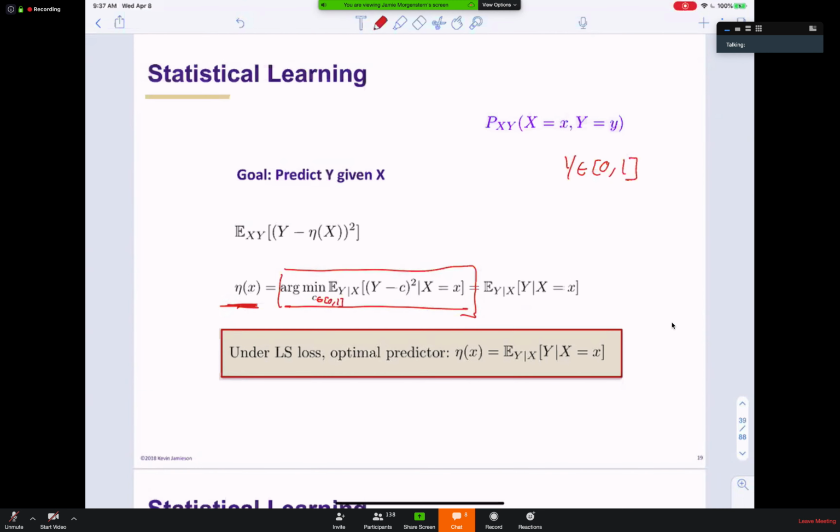The way to solve this, if we're conditioning on x, is this: if eta is not restricted to some class, we can decide what value we want eta to take for every input x. And really what we're trying to do is a really good job predicting on every x.